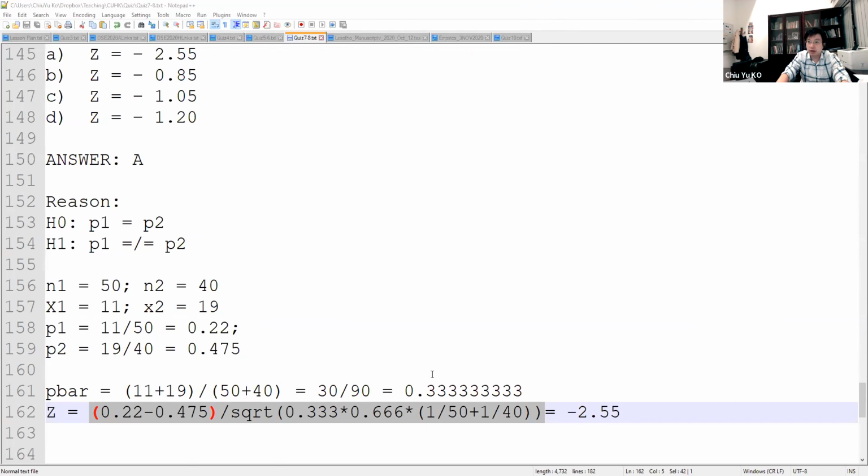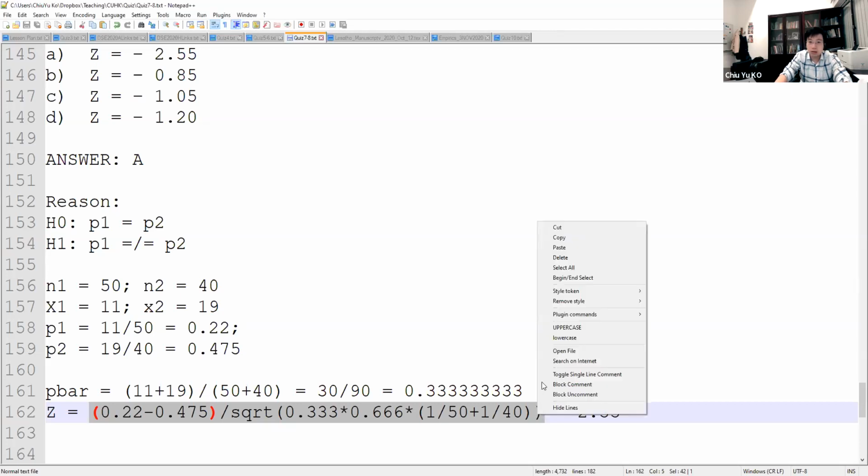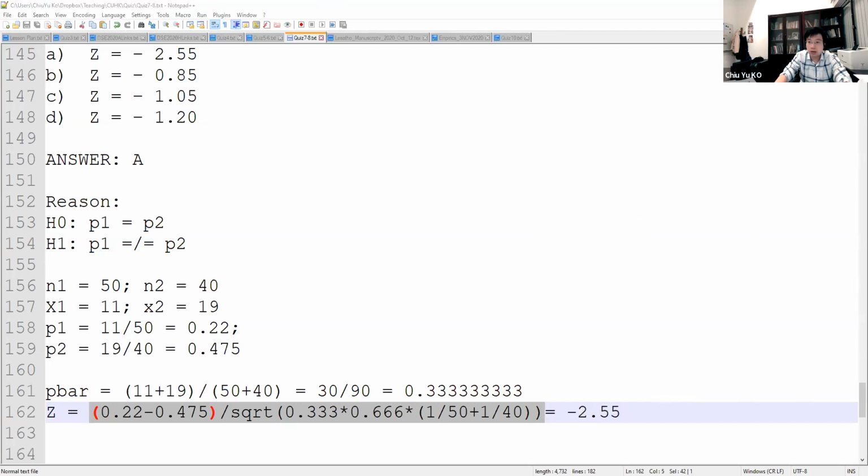If this formula is right, maybe you can check from your side. Just input this in your Excel, then it should be the answer.